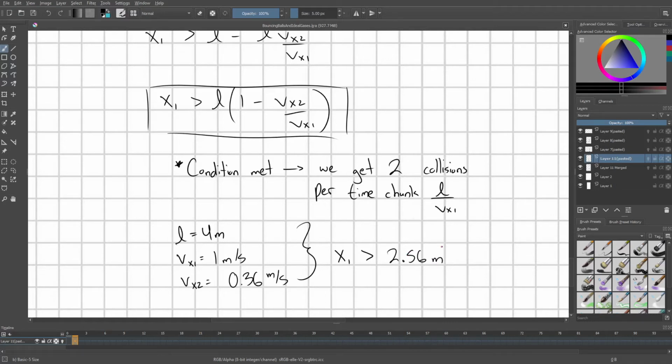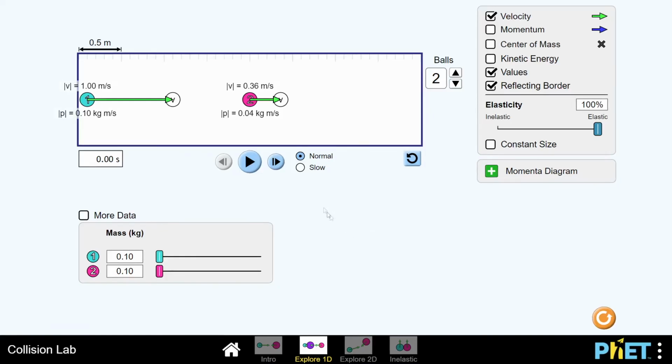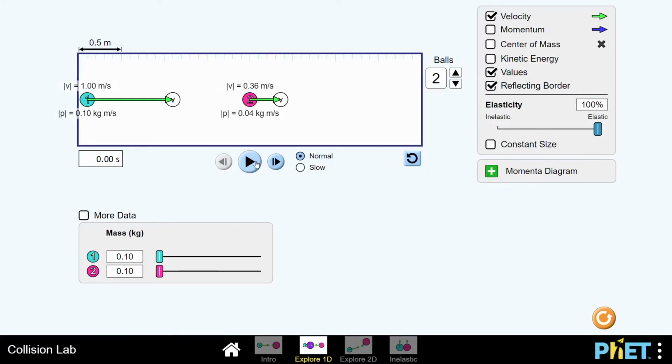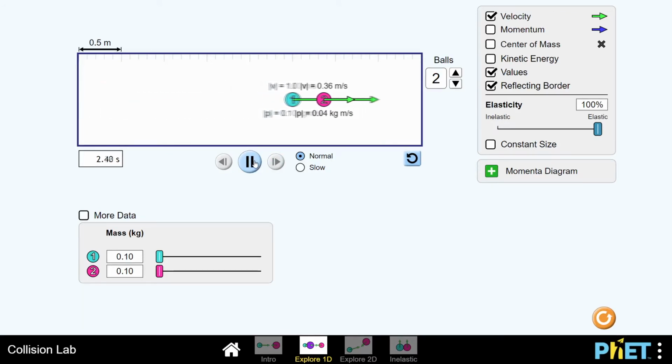Let's show that this is true in our simulator. If I put my particle at 2 meters, this is less than the 2.56 meter requirement, and if I hit play, we would only get a single collision.